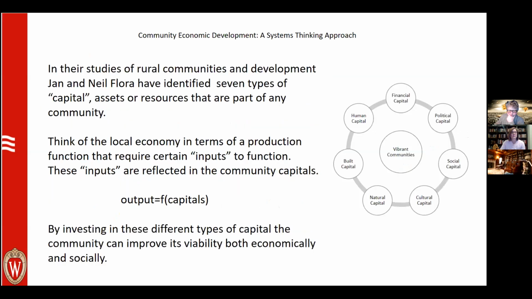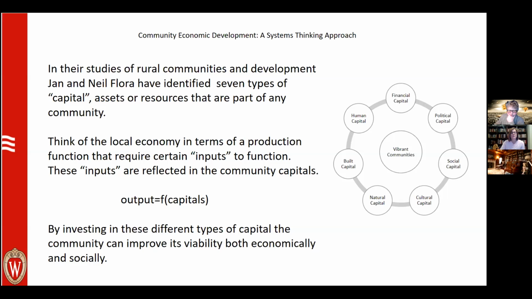The other one here, I think, is the Flora community capitals. This is the one that's been getting a little bit more attention, and I think it's partially because Jan has been very aggressive in putting this out there. It's been embraced by some folks. We economists kind of accuse Jan and Neil of thinking like economists here, because they're thinking about what the economic output of the local economy is.